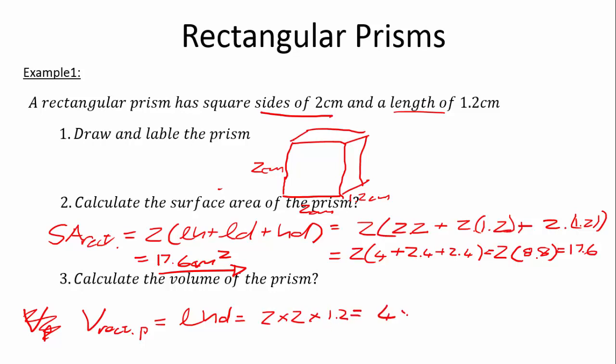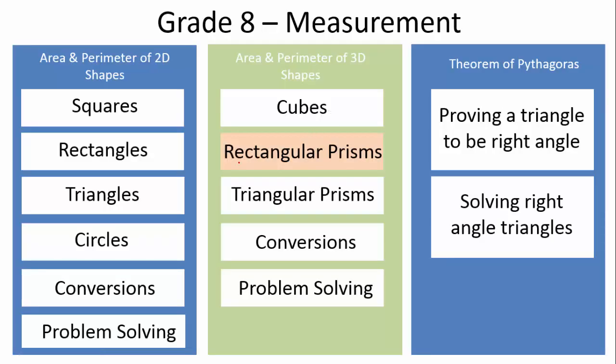That is 4 multiplied by 1.2. 4 multiplied by 1 is 4, plus 0.2 multiplied by 4 is 0.8. So that is 4.8 centimeters cubed. Do not forget your units. Well done, grade 8s. We're now going to move on to triangular prisms.